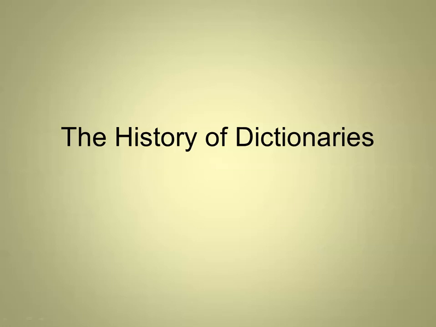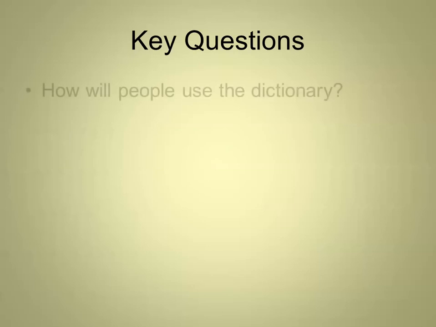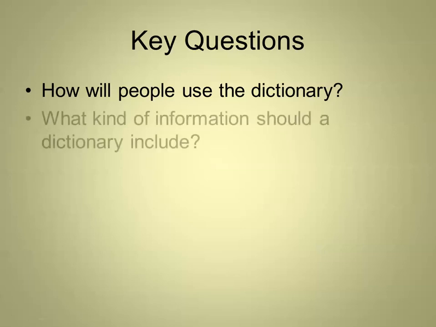So when we think about the history of dictionaries and how dictionaries are formed in the first place, there are some key questions that we need to consider. First of all, how will people use the dictionary? For what purpose is it compiled? Second, what kind of information should that dictionary include so that it will serve the needs of the people who are going to use it?